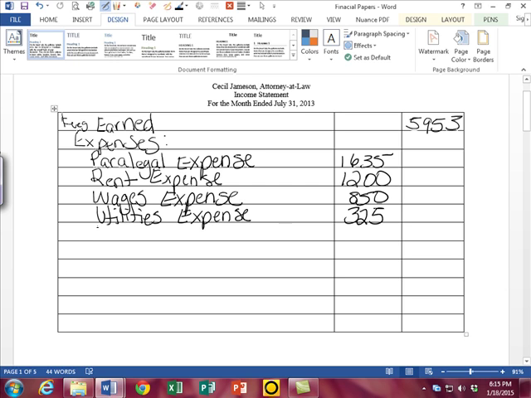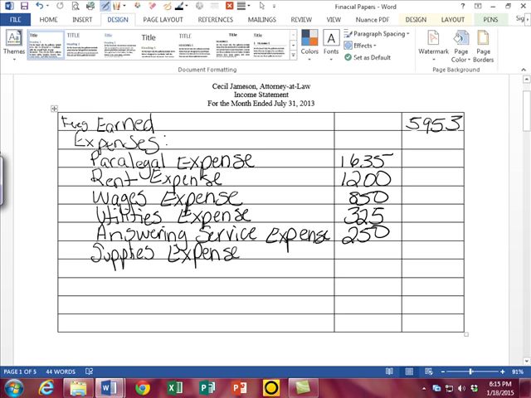Then the answering service expense, $250. Then we have supplies expense. Remember, supplies expense is the account we create after we use some supplies and determine the value of what we used.